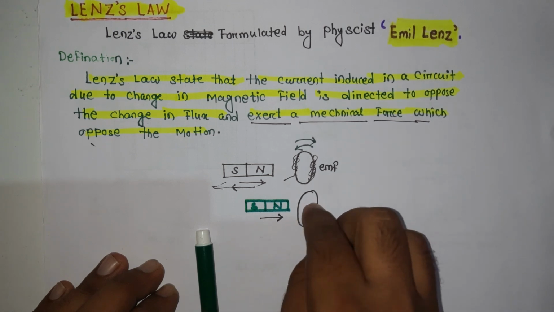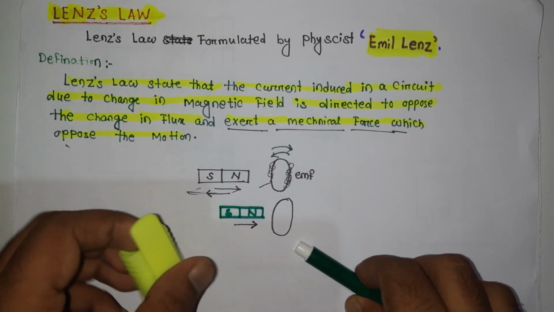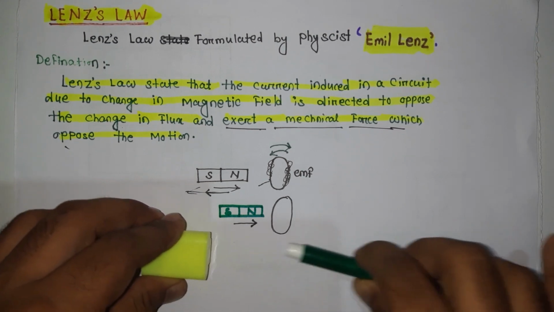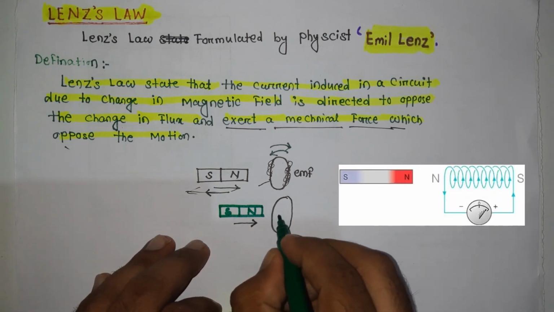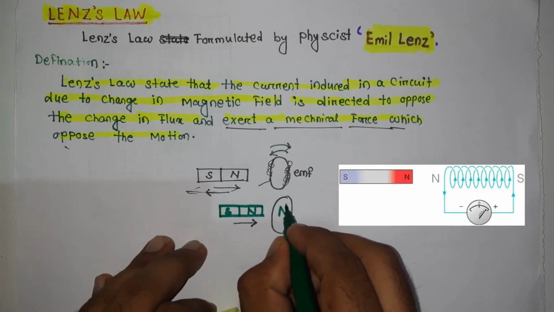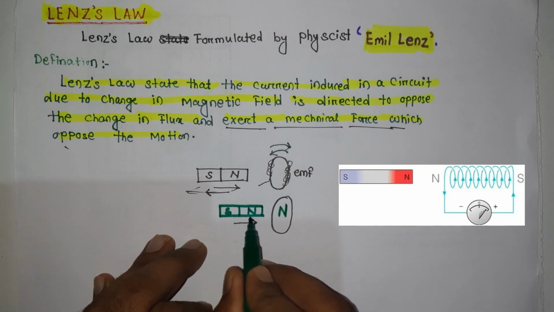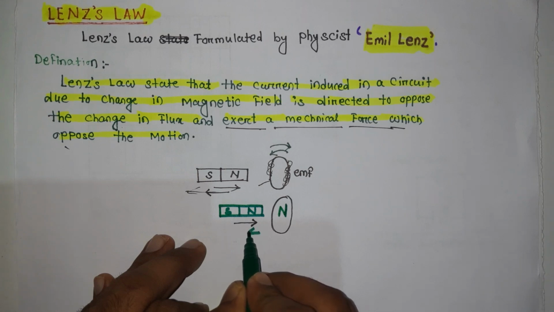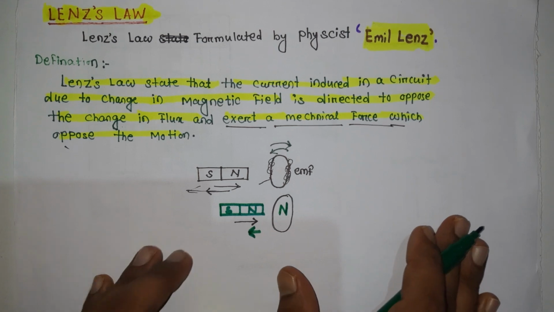To oppose the motion, it must exert a force to repel. So if this face is a north pole, it will repel. We already know that in magnetic poles, like poles repel each other, so it opposes the motion.